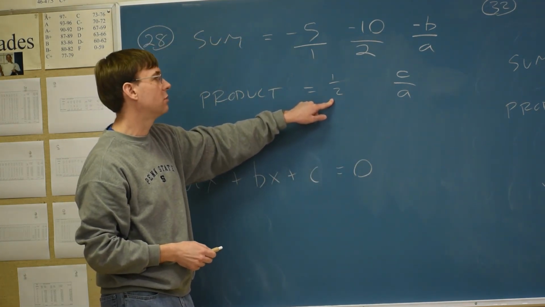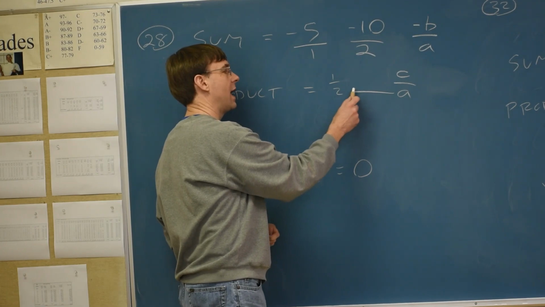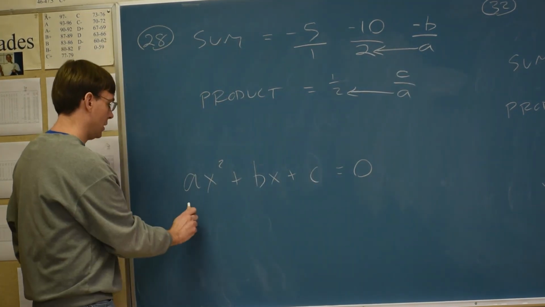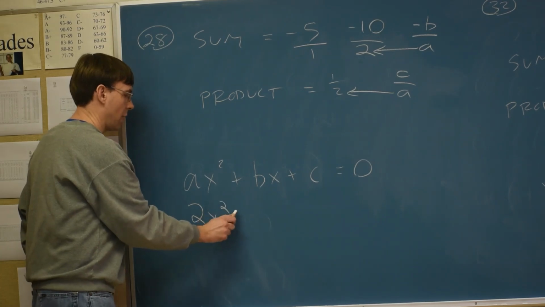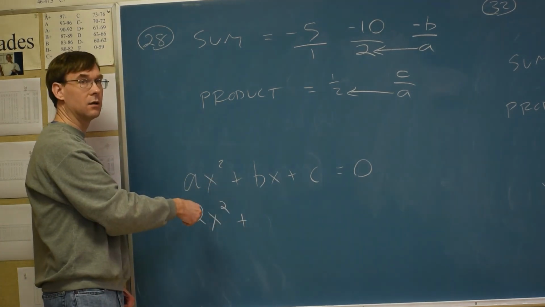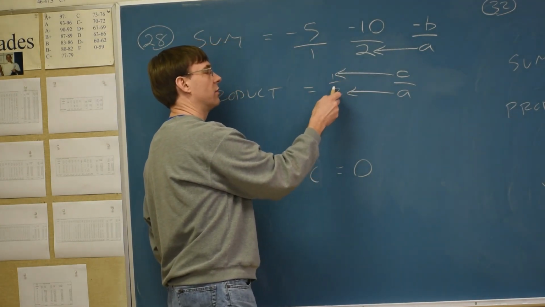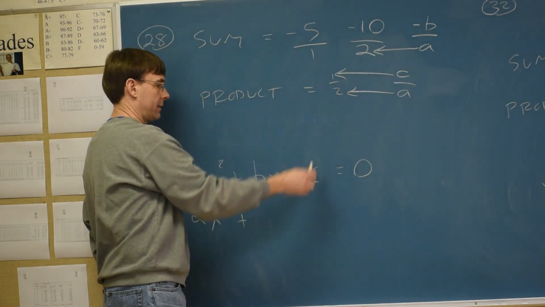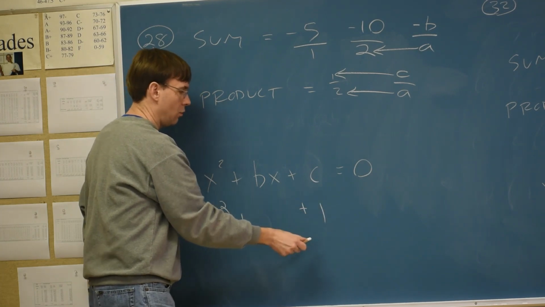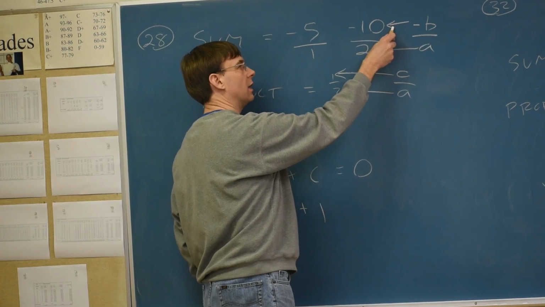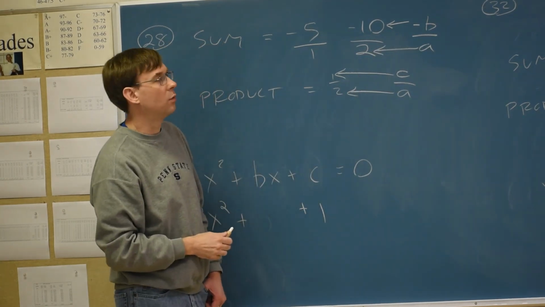So we can use those trivia facts to identify a by looking at the bottom of both of the fractions. So we have 2x squared, because the a goes there. The c comes from the top of the product, so this c is a 1. The b is the only one that's really a little bit tricky, so save the trickiest one for last.